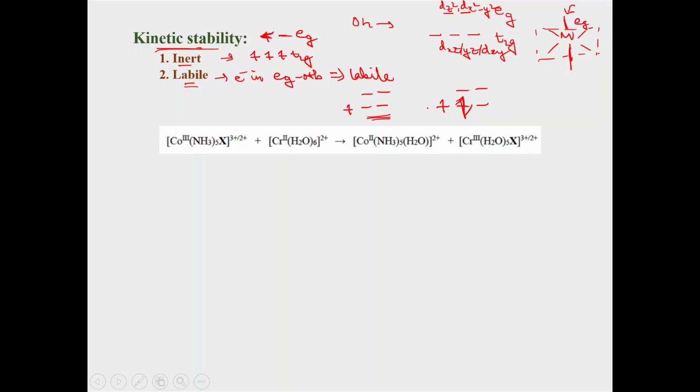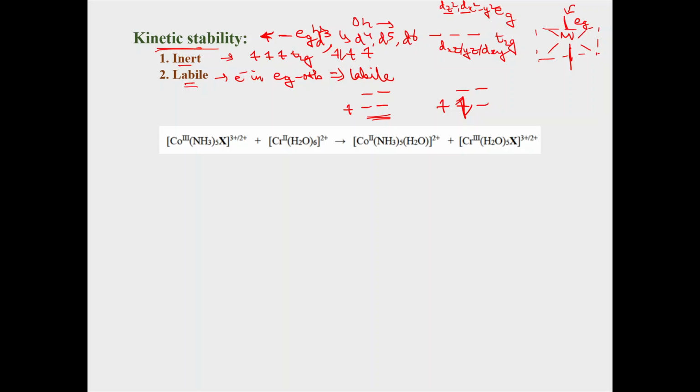So labile complexes are those in which an electron is present in the eg orbital, and d1 and d2 systems, whereas inert complexes are those which are d3, or high spin or low spin d4, d5, or d6. Okay, low spin d4, d5 and d6 and the d3 system will be inert in nature.